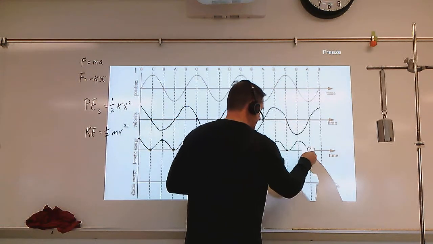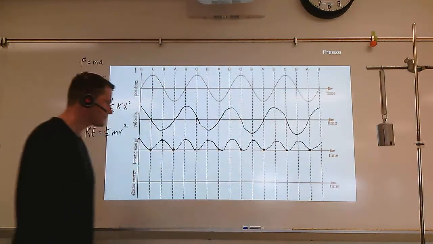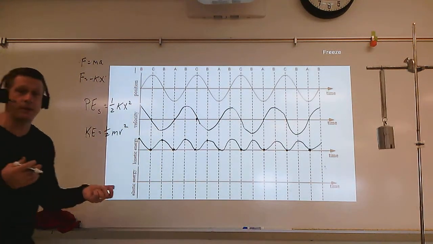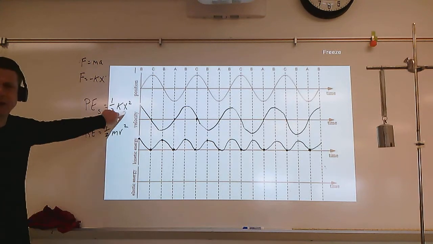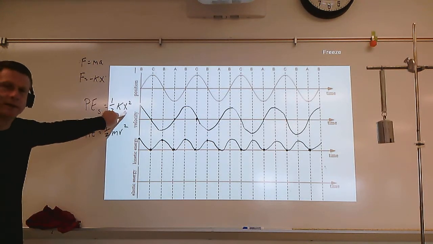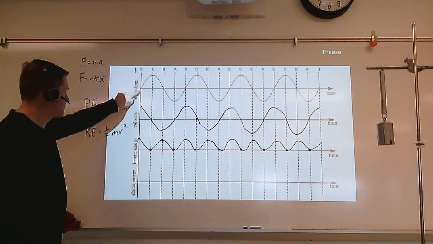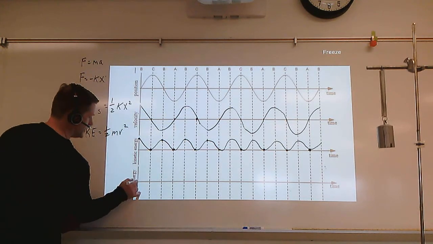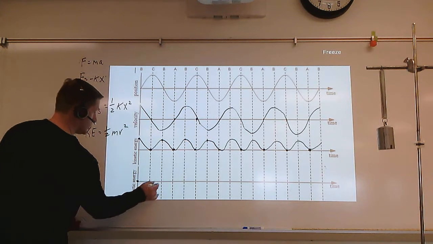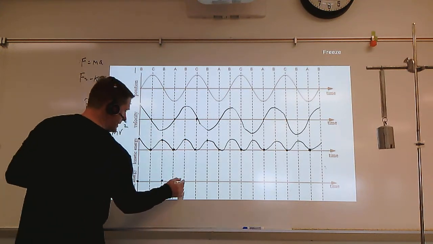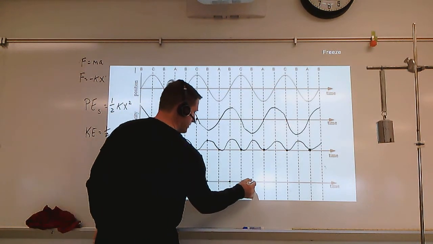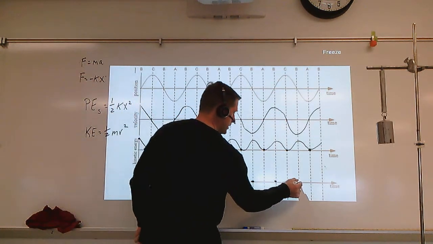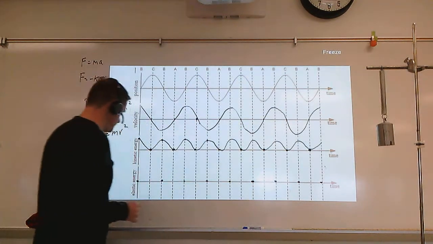And the elastic potential energy has the same type of setup, same type of logic. Elastic potential energy is dependent upon displacement. So anytime this displacement is equal to 0, which is all of the B's, that elastic potential energy is also equal to 0.